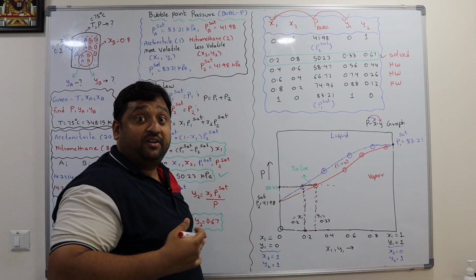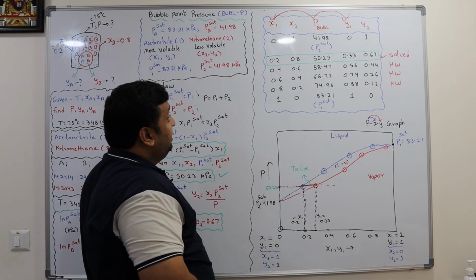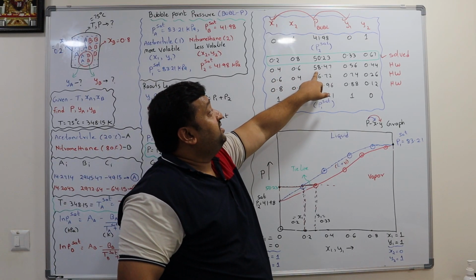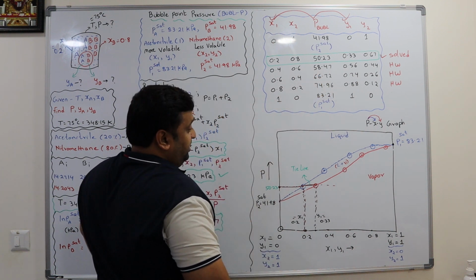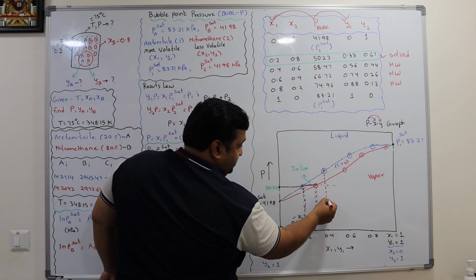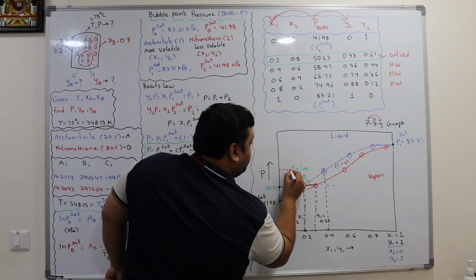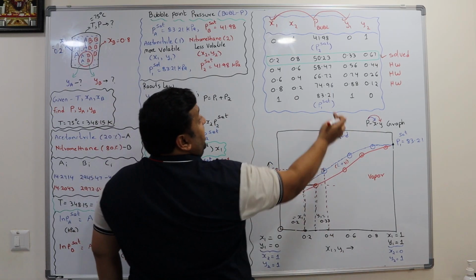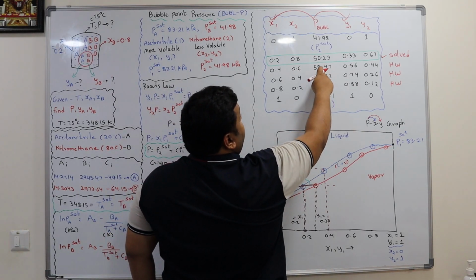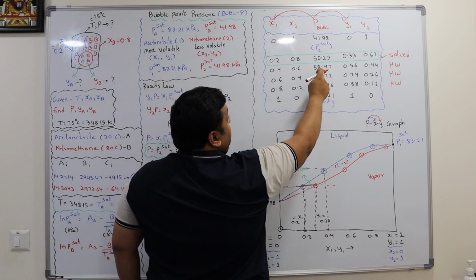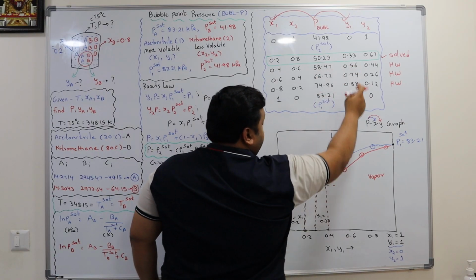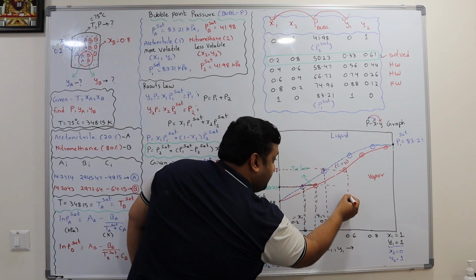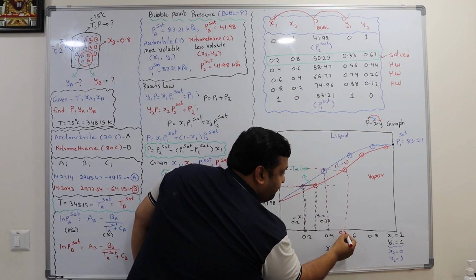Similarly, if you do it for the other compositions, let us say 40%, the bubble point pressure is 58. That means at 40%, the bubble point is 58, and what is y? It is around 0.56.